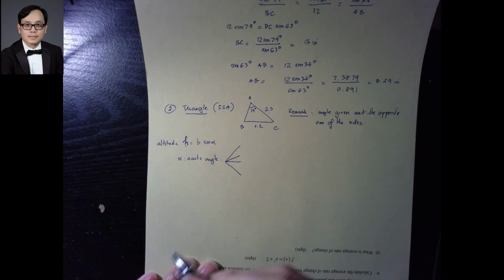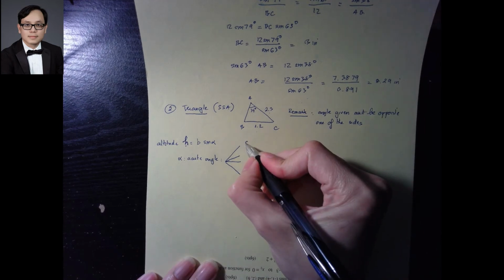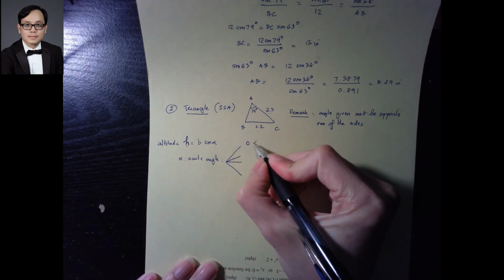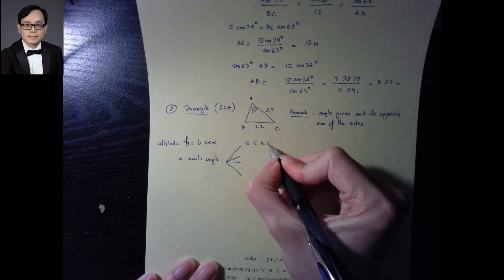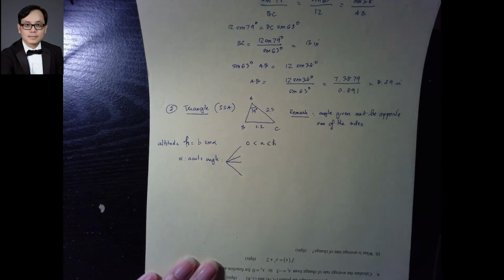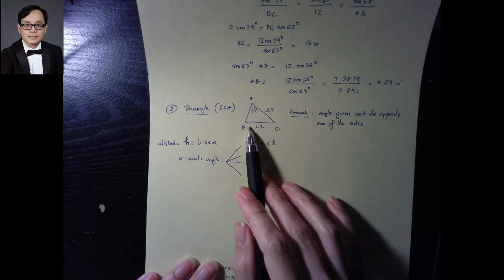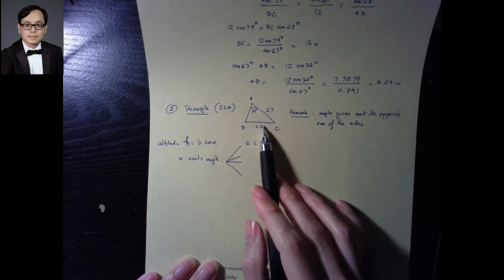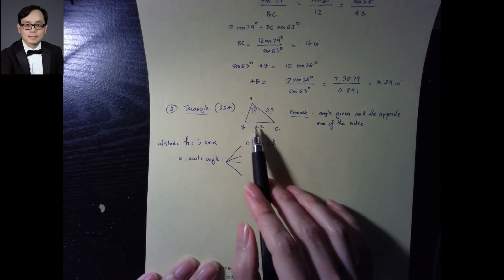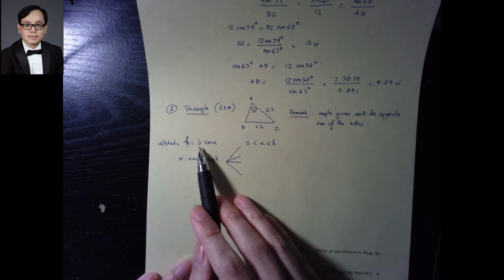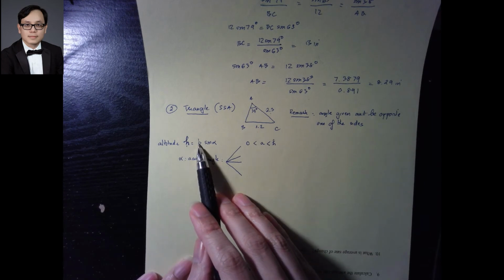The first case is when a is greater than 0 and less than h. A is the side that is opposite alpha.